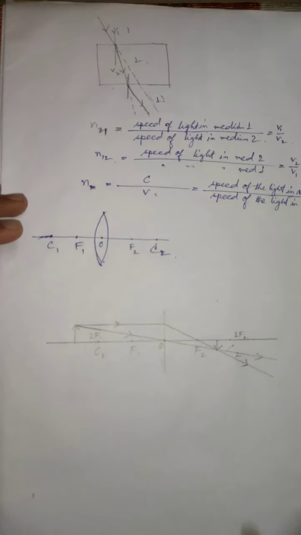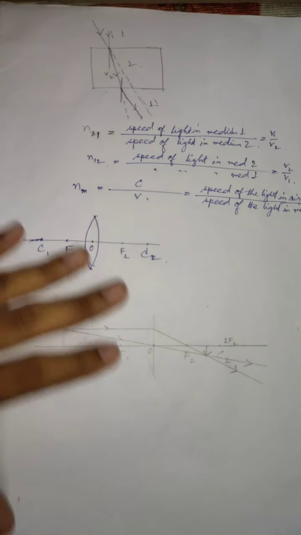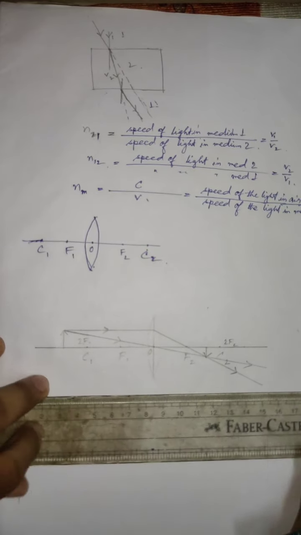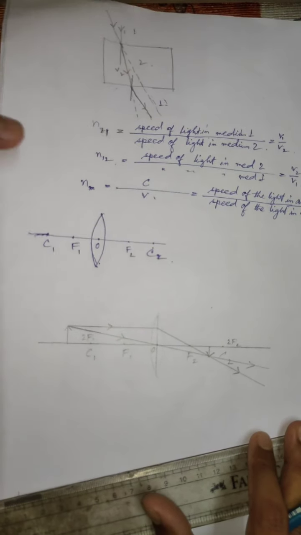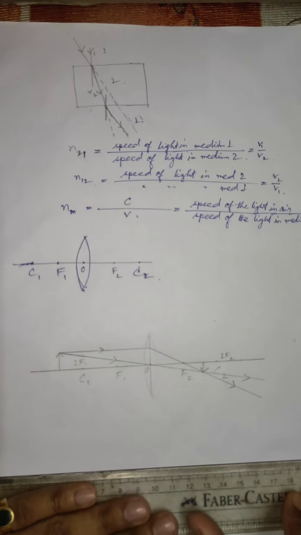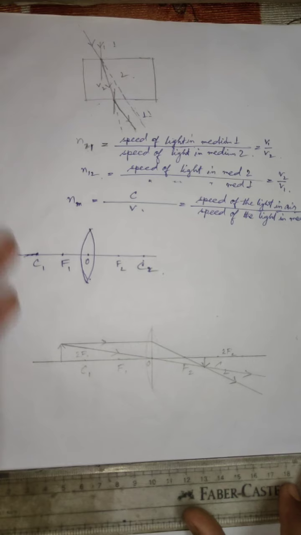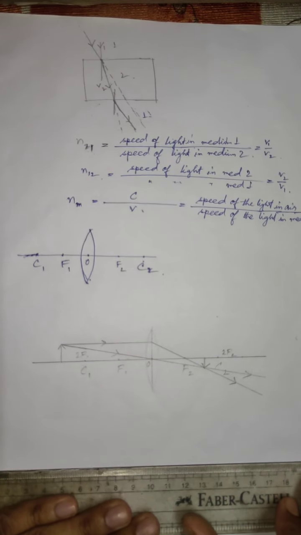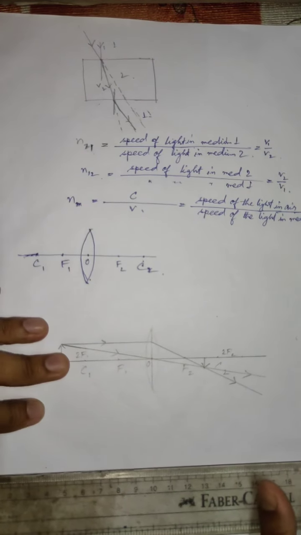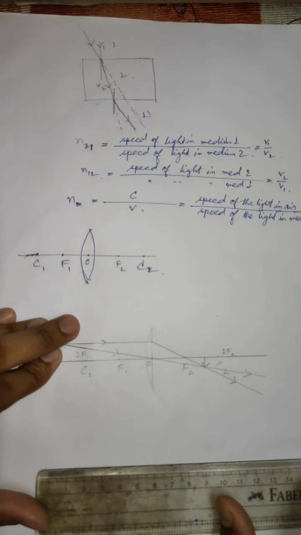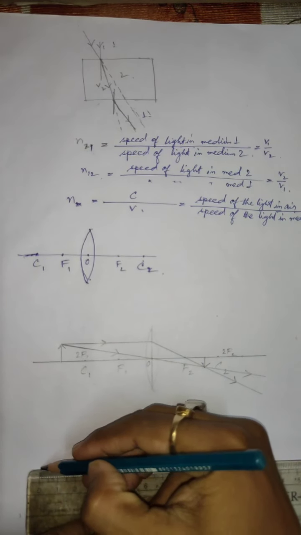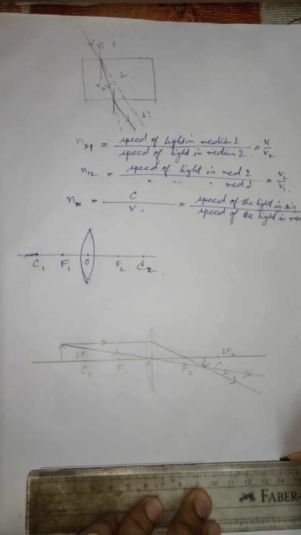Now I'm showing another for the concave lens. You see, the concave lens is also the same, but a little different from the convex lens. Similarly, you take any measurement. Again, I am taking 14 centimeters here.